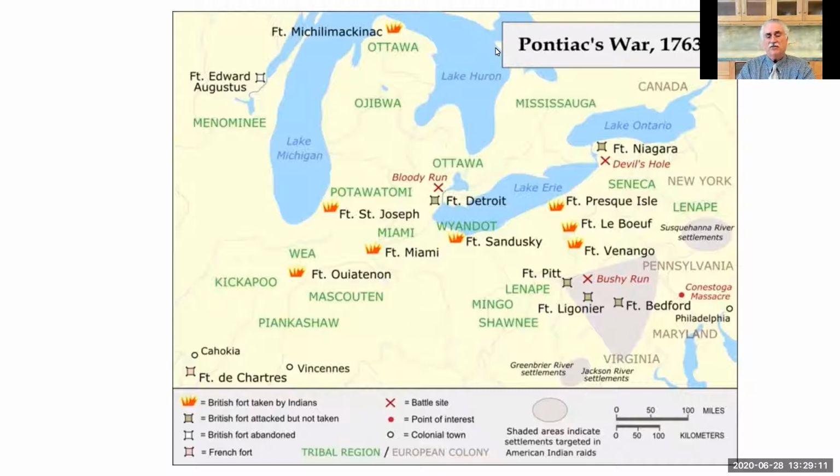Those are British forts that are attacked by Indians and overrun by Indians. So even the army troops can't control their own military bases. So if the army can't exist there safely, there's no way American settlers could go there safely. So the English government was not able to guarantee the safety of Americans moving into the interior.